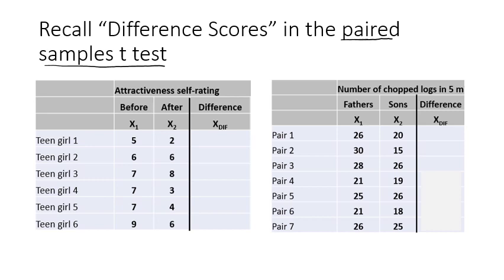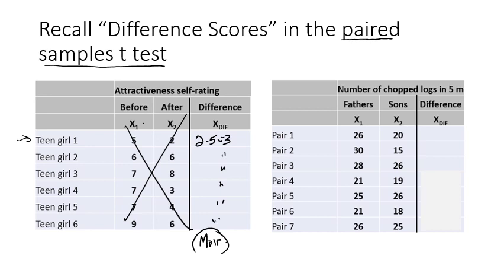We have two columns of data, x1 and x2, with two data points per individual, so only 6 individuals, each person producing 2 scores. Then we calculated the difference, 2 minus 5 equals negative 3, and we did that for each one of these. Then we calculated the mean of these difference scores, and we used this for all of our calculations.